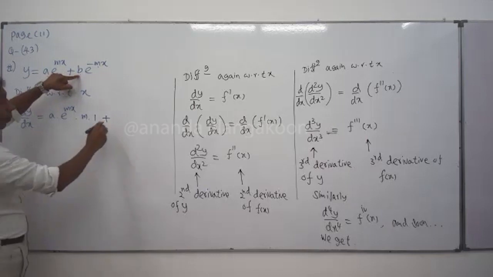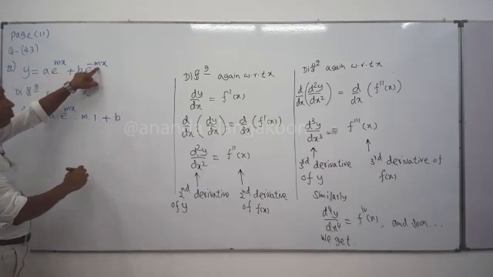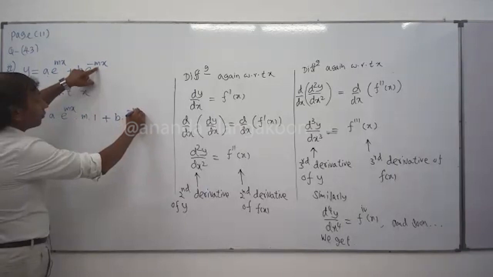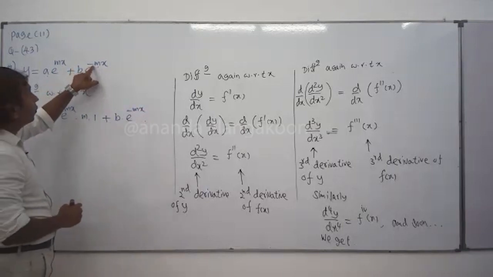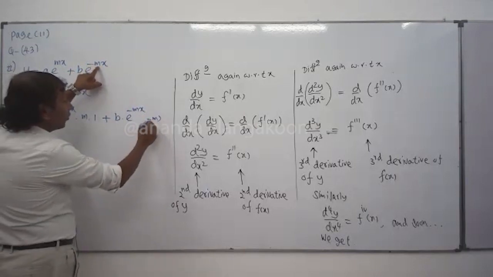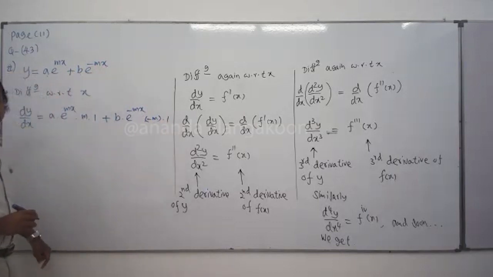Right. And plus, this one now we have to differentiate. b is a constant, we keep b the same. Now this e^(-mx) we have to differentiate. When you differentiate e to the power something, it is e to the power the same. Thereafter, that should be multiplied by the derivative of -mx. Minus m is a constant, people. Keep that the same. Derivative of x is going to be 1. I think you can very clearly understand, right?